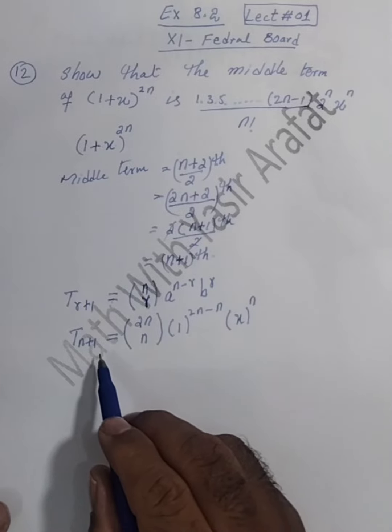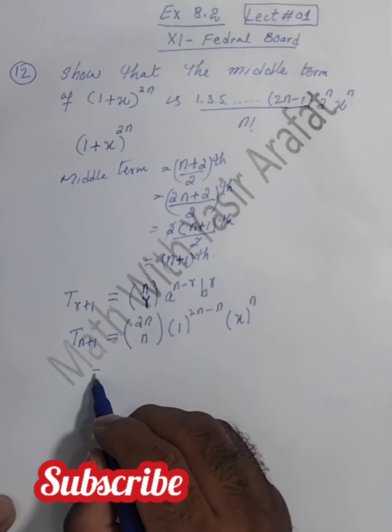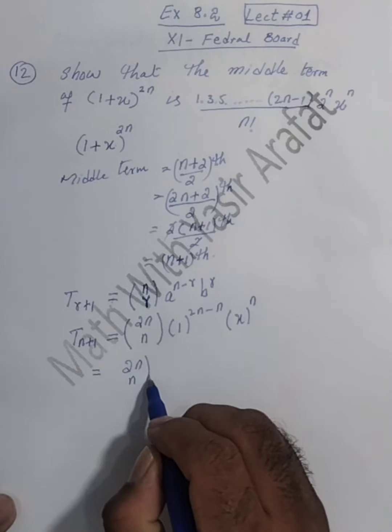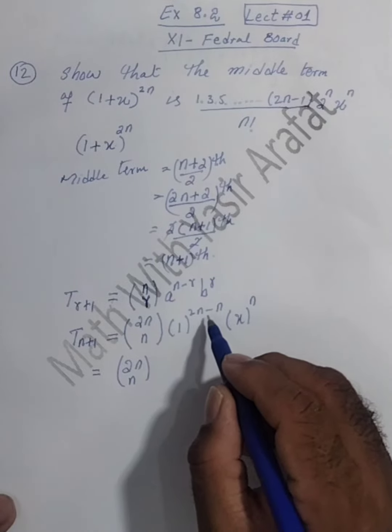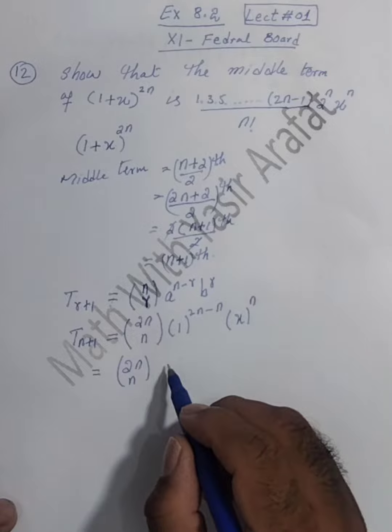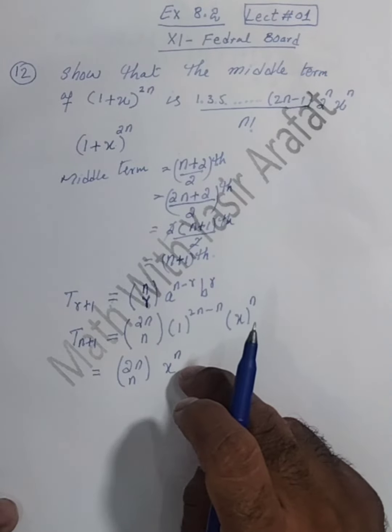So this is the formula to find out the middle term here. We have to use this formula. So this is 2n combination n. 1 power with anything is equal to 1, and multiplying by 1 makes no change in this equation here. So this is x power n.